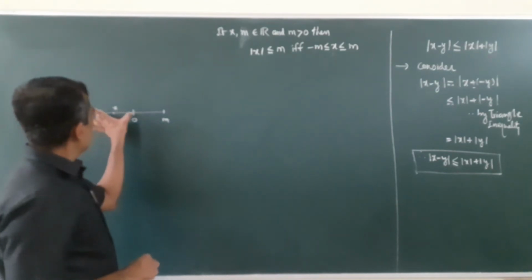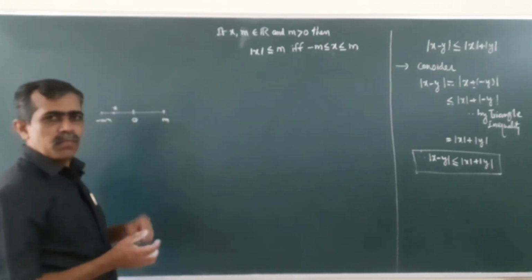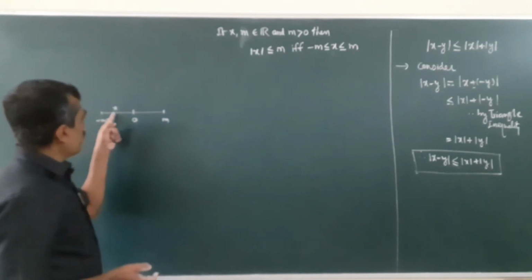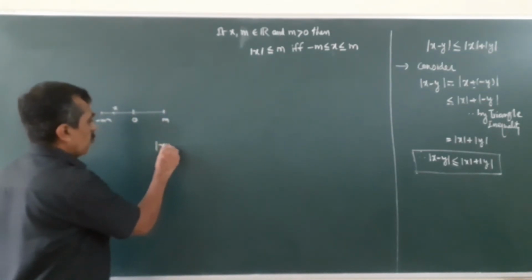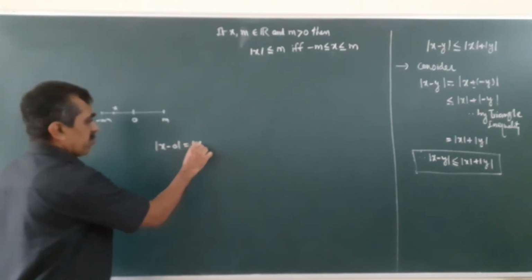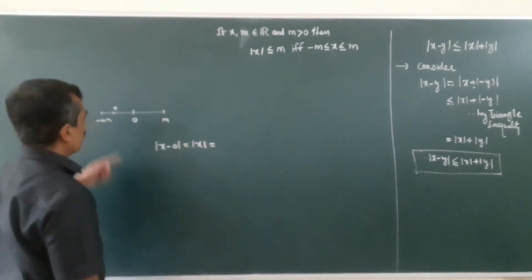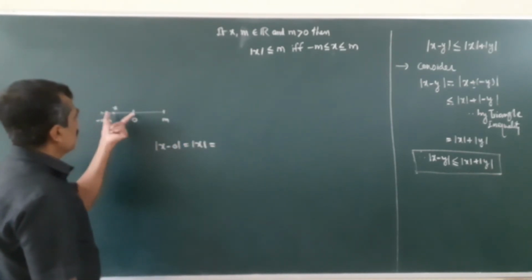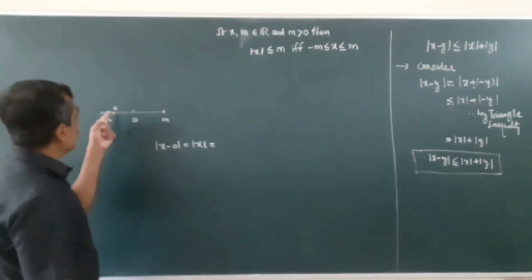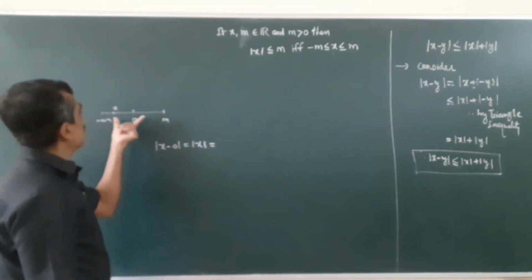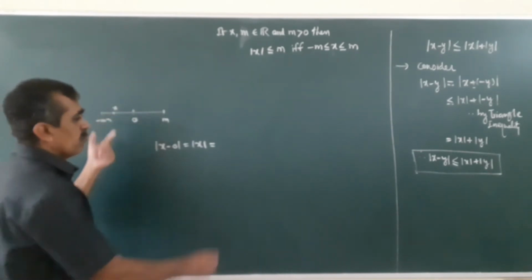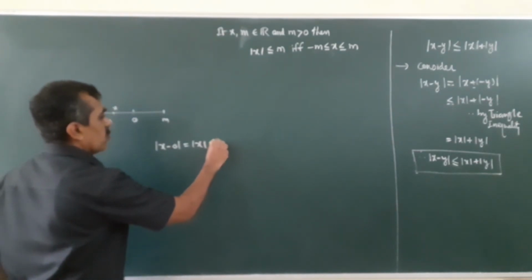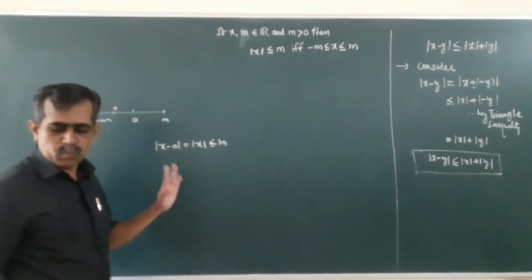So this distance is m, this distance is m. What is the distance of x from origin? That is mod x. Definitely it is less than or equal to this distance, and what is this distance? m. So this is definitely less than or equal to m. That is what you want to prove.